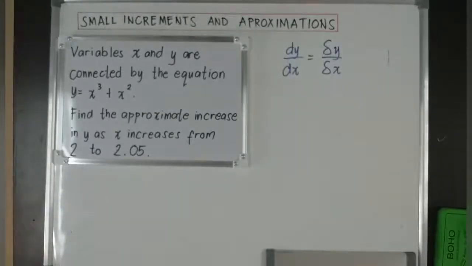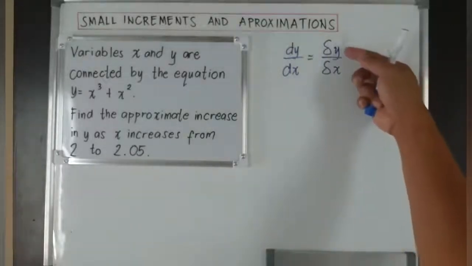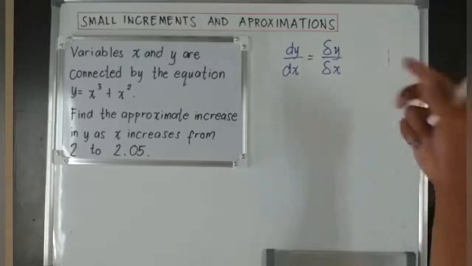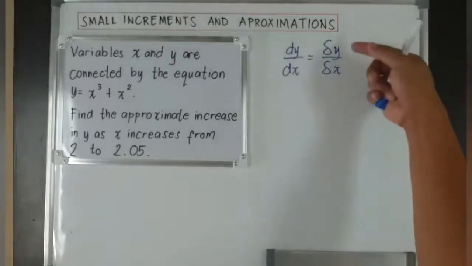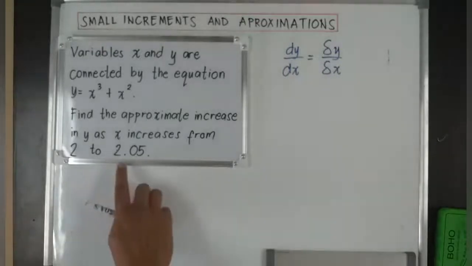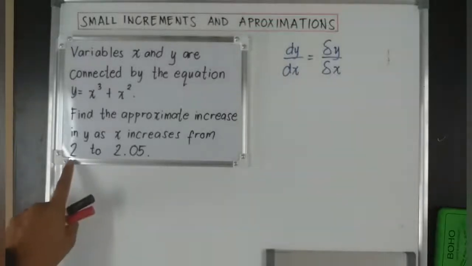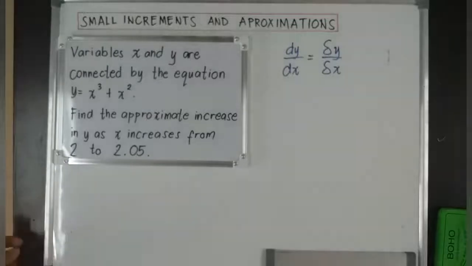So the small increase in x, remember this is read as a small increase in y over a small increase in x, means a small increment of y over a small increment in x. Thus, a small increment of x will be 0.05. Next, what is the value of the x? The original value of the x is 2.